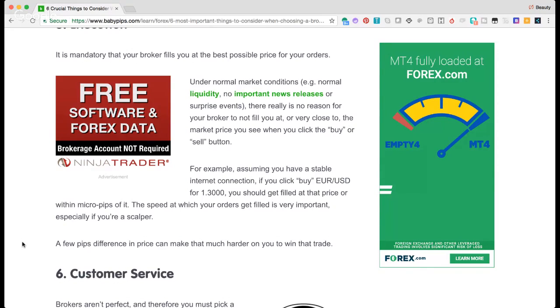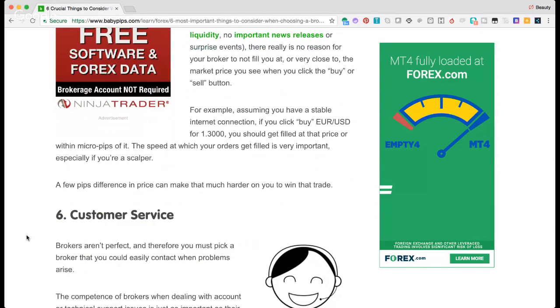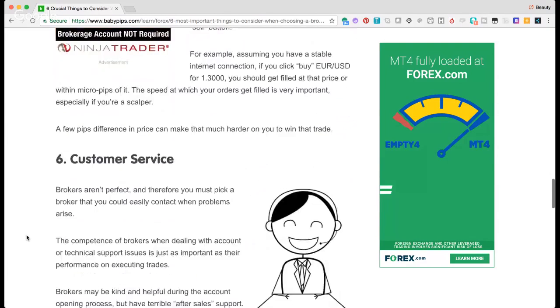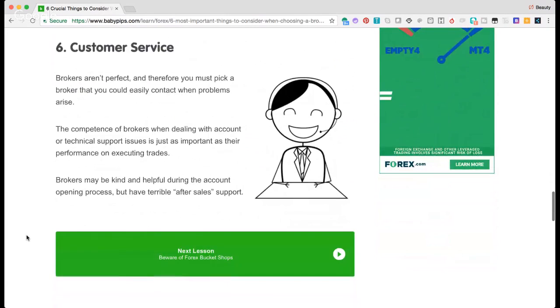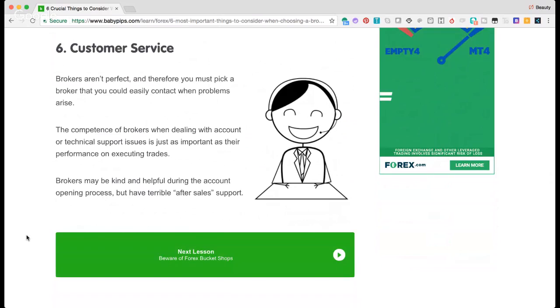The speed at which your orders get filled is very important, especially if you're a scalper. A few pips difference in price can make it that much harder for you to win that trade. 6, customer service. Brokers aren't perfect, and therefore you must pick a broker that you could easily contact when problems arise.